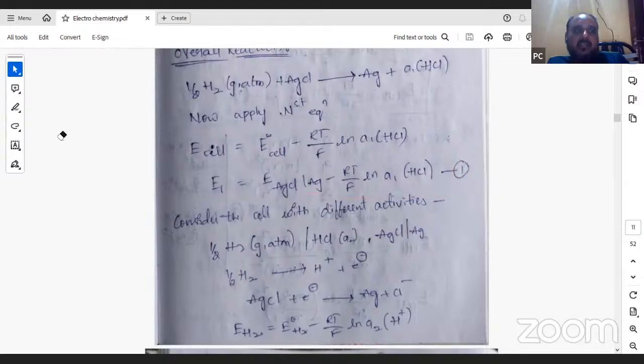the entire equation should be repeated with another activity, that is A2. So now consider the cell with a different activity, A2. Same electrodes, a hydrogen electrode and a silver chloride electrode, but the activity is different, A2.